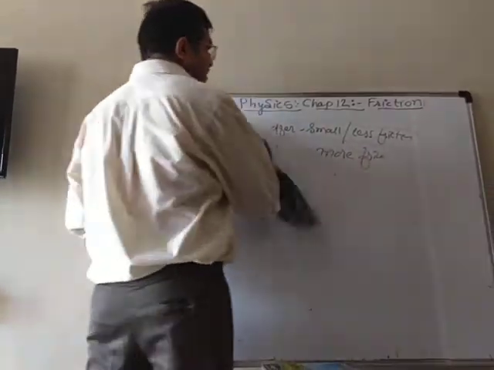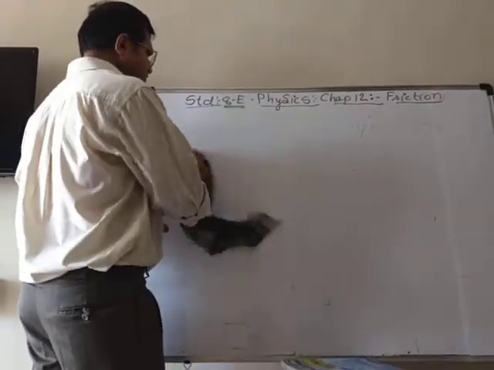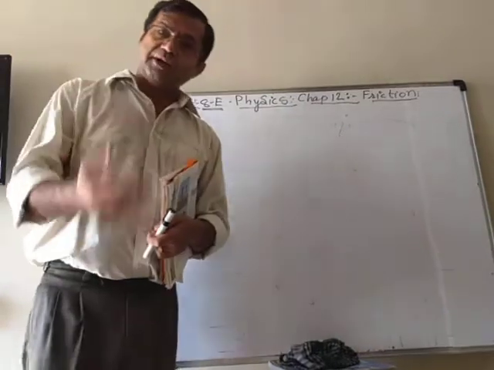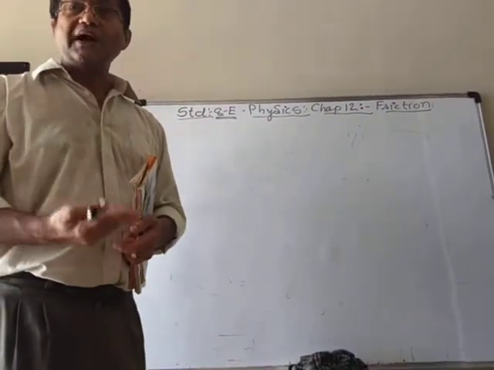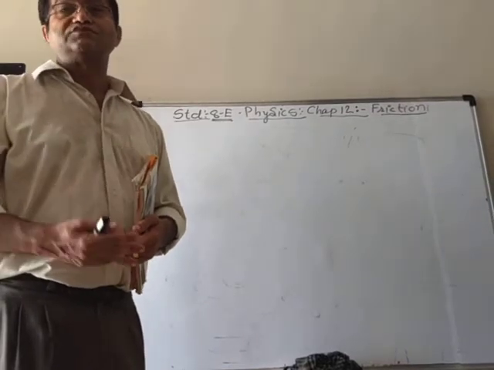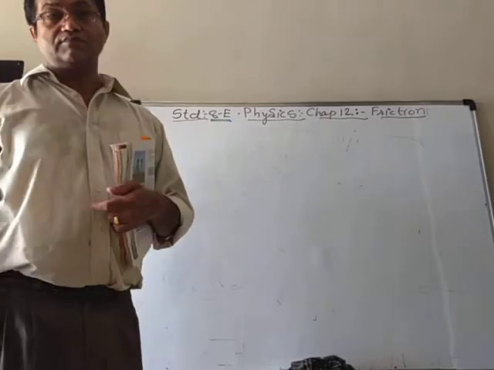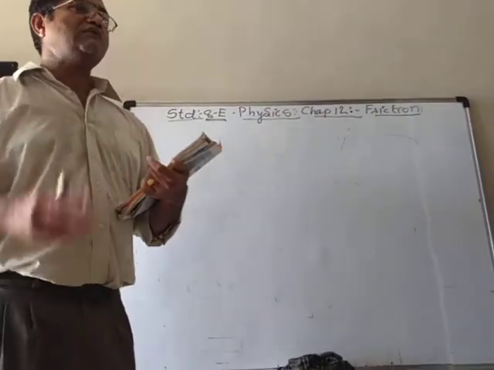Now the question arises: we see that smooth surface means less friction and rough surface means more friction. But why or how is the force of friction occurring? How is it produced? So now we will think about it.